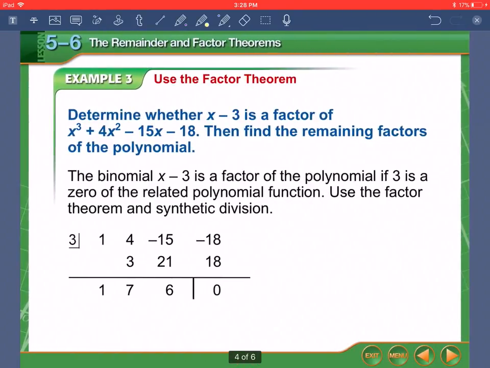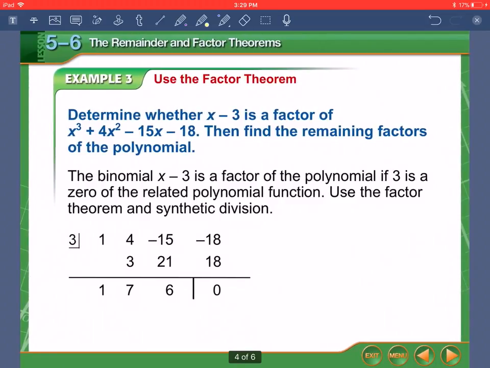We can also determine whether x minus 3 is a factor of x cubed plus 4x squared minus 15x minus 18. And we actually did this earlier this week. The way that you can tell whether it's a factor or not is if your remainder is 0. So here we divided x cubed plus 4x squared minus 15x minus 18 by 3 using synthetic division.